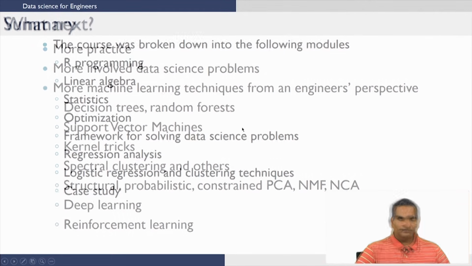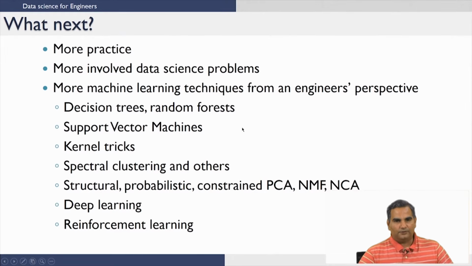Now that you have done this course and hopefully you have learned enough from it, what is the logical next step if you were excited by this course and want to know more about data science? I would say first is to do more practice on the same ideas that have been taught in this course.